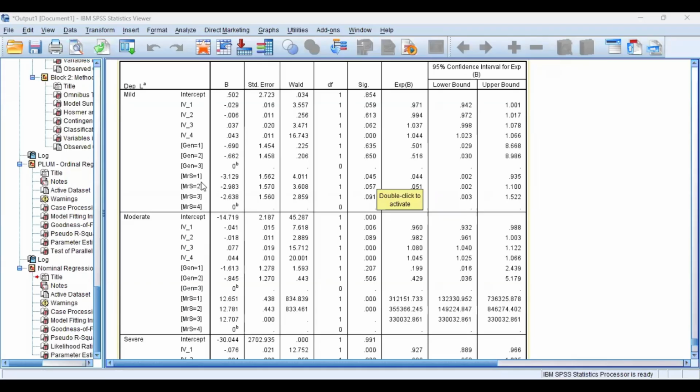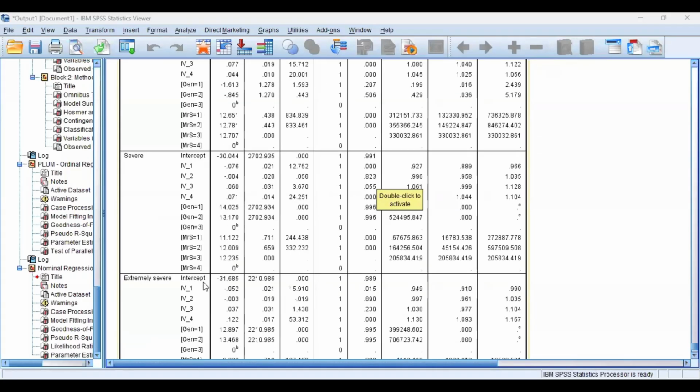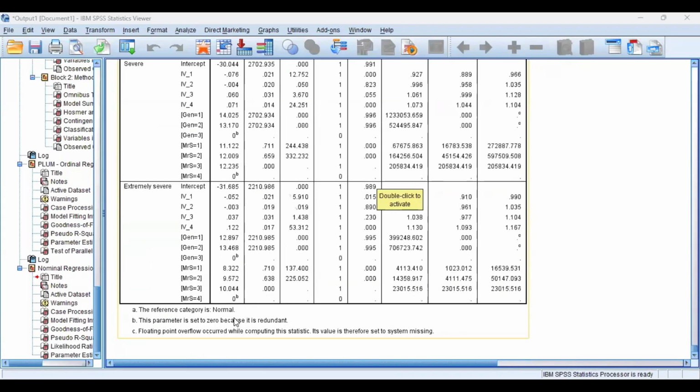For example, imagine that level 1 of my marital status is single and level 4 is married or divorced. That means that a person who is single can have a higher possibility of showing a mild level of depression compared to a normal level of depression.